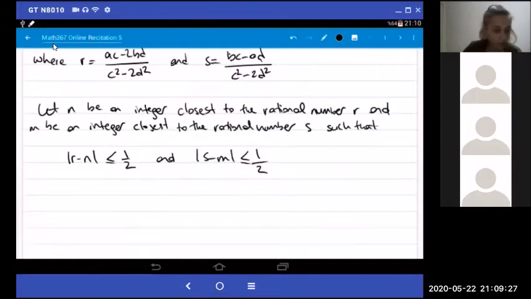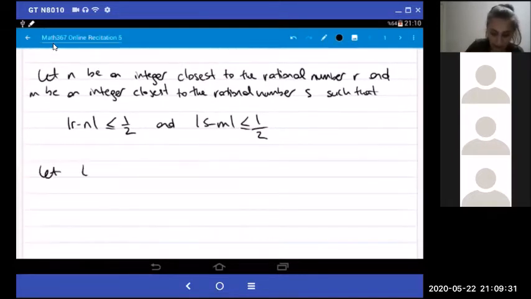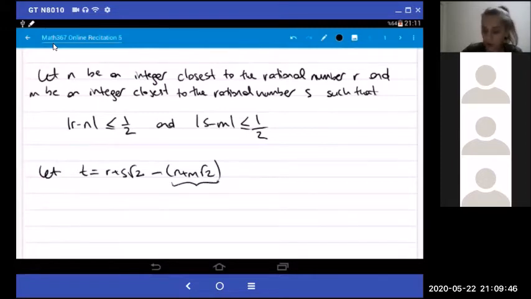Okay, and let t be (r plus s root 2) minus (n plus m root 2). As you can guess, our candidate for the remainder would be this one, because we know that n and m are integers.